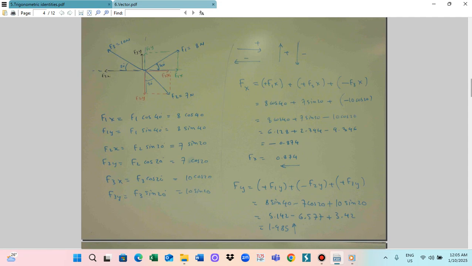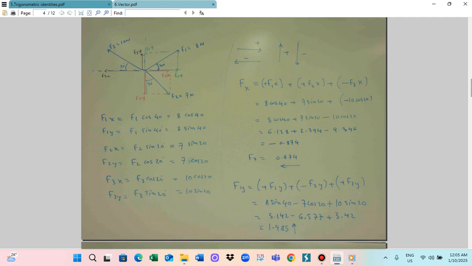Minus cos 20, so you got 0.939 multiply 7, so you got 6.5778. Plus sin 20, 0.342 multiply 10, so that's 3.42.